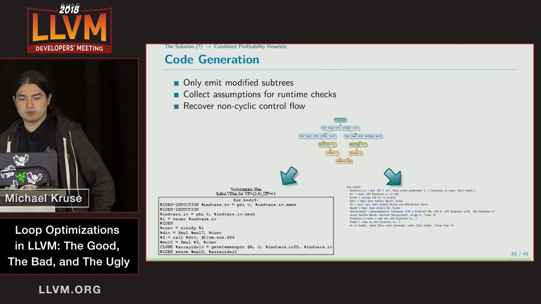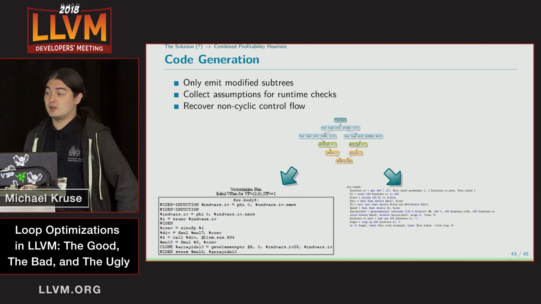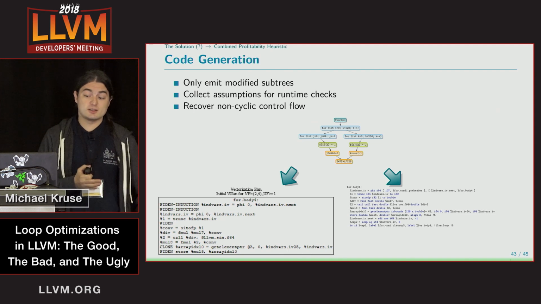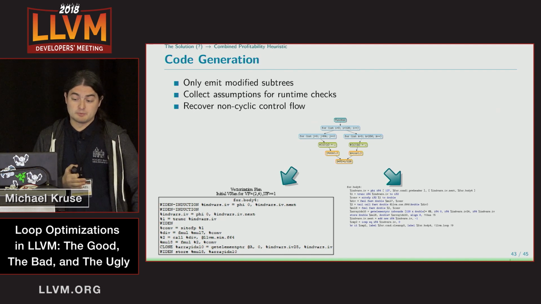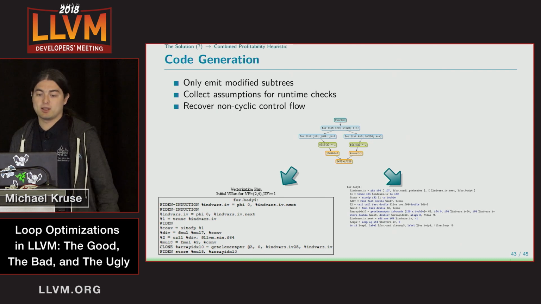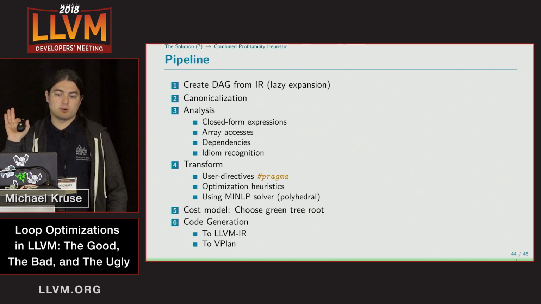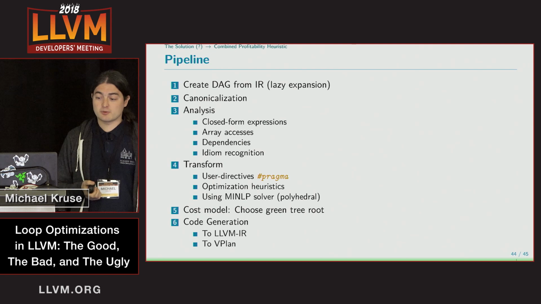At the end, we would do some code generation, either to LLVM IR, or if you want to vectorize, to VPlan, since I do not want to duplicate the vectorization infrastructure we already have. So the pipeline would in general be like this: create the loop structure, do some canonicalization on it, run the analysis I presented before, do some transformations.